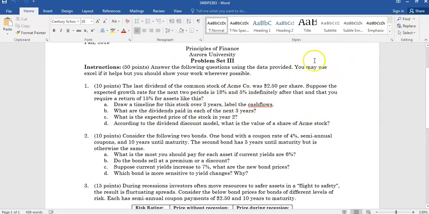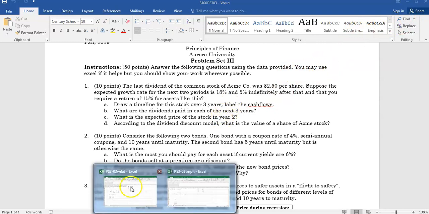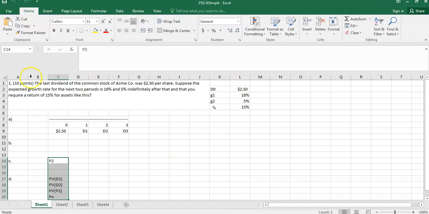Given that we're going to do this through the screencast, I'm going to work out these problems through an Excel template here, whereas many of you might have chosen very reasonably to do this problem by hand. Many of these problems are, we'll see, very process related. So I will be doing this material here in a spreadsheet, but you might have chosen to do it by hand using your financial calculator.